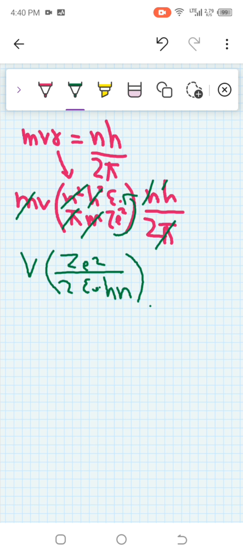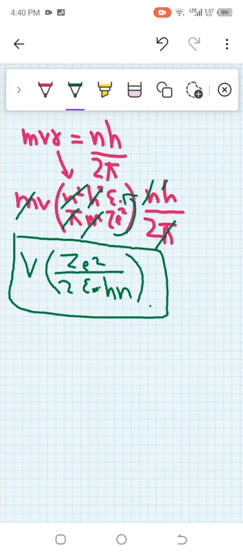Right, now here you can see this is the simple formula for finding the velocity. We got the formula of finding the velocity. Fine.